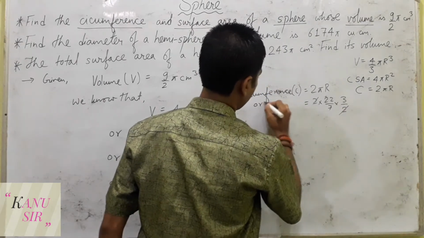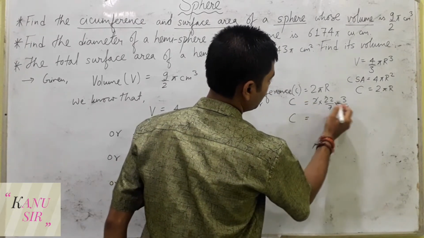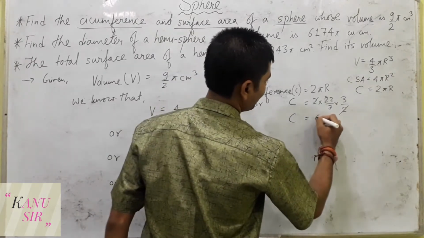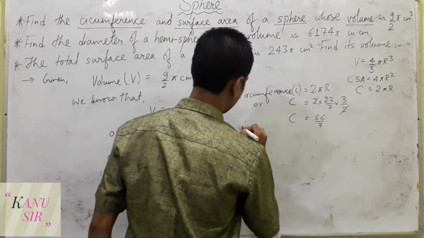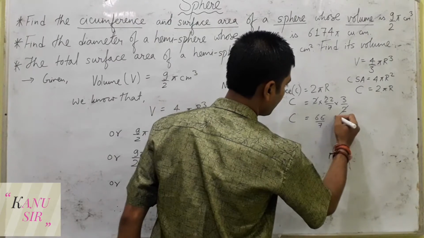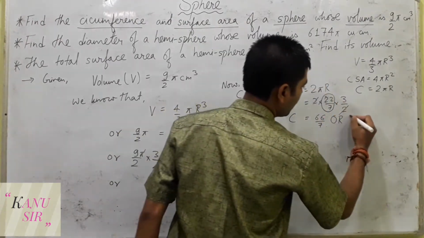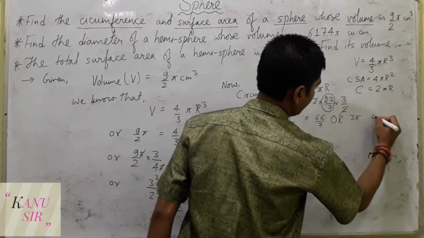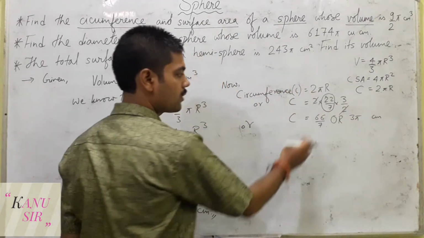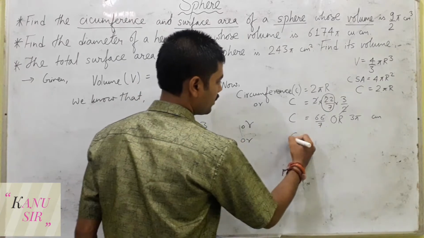Therefore C is 22 times 3, which is 66/7. In some cases you can write the answer in terms of pi, then the answer becomes 3 pi centimeter.